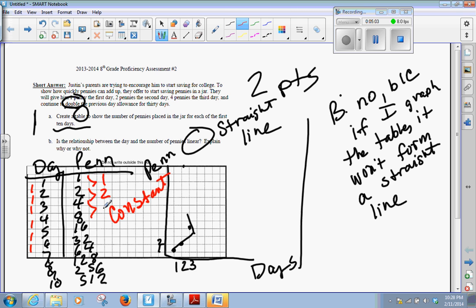Then from 4 to 8, it goes up 4. So I can already tell right here that my rate of change is not constant. So for part B, you had two choices for your answer. You could have said no, because if you graph the table, it won't form a straight line. Or you could have said no, because the table does not have a constant rate of change.